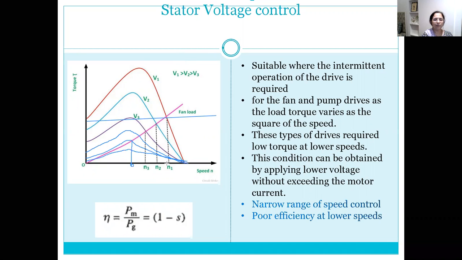The first condition speed is here, second condition speed is here. In the third condition itself, it becomes a challenge whether the motor will be able to generate this much torque, because it has almost reached the maximum torque condition. So in such cases, the stator voltage control cannot be used, and it shows a limitation that it can be used only for very narrow range of speed control.